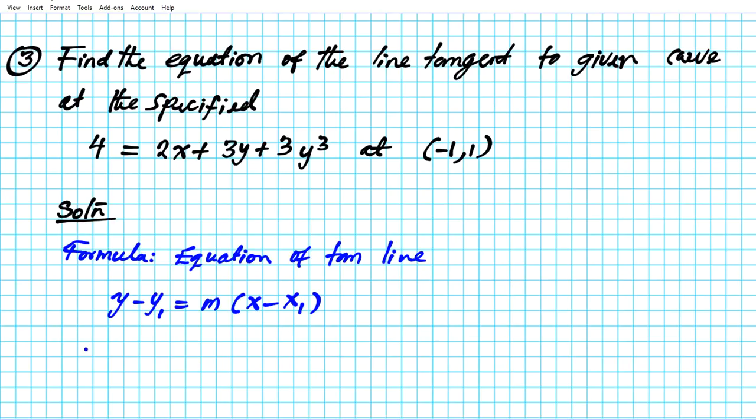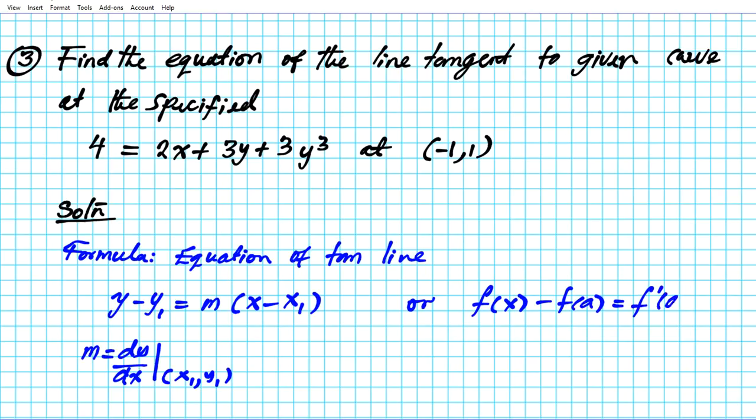In this particular case, m is going to be dy/dx, the derivative evaluated at the point of tangency x1, y1. Okay, so a more advanced notation is basically f of x minus f of a equals f prime of a times x minus a.